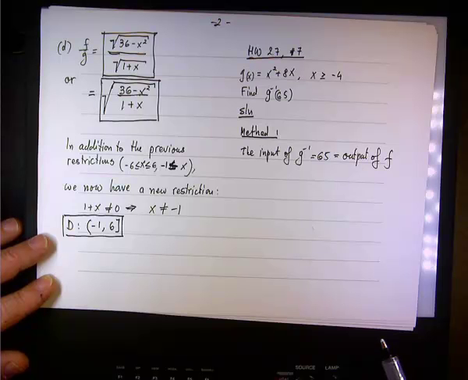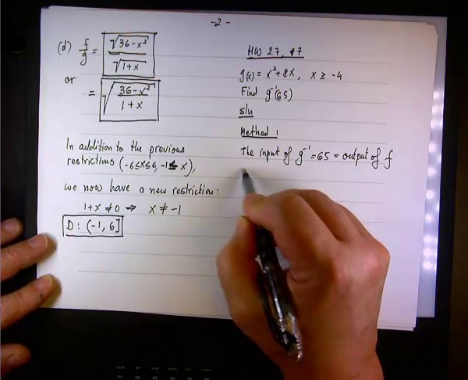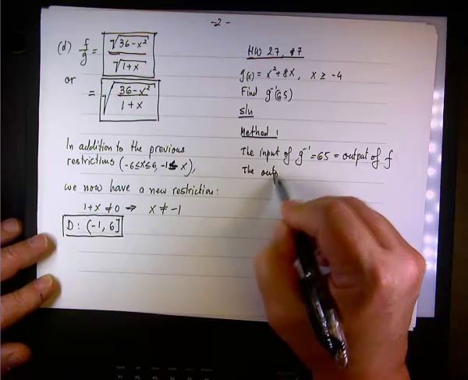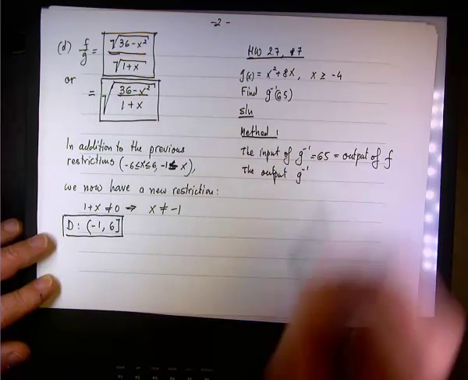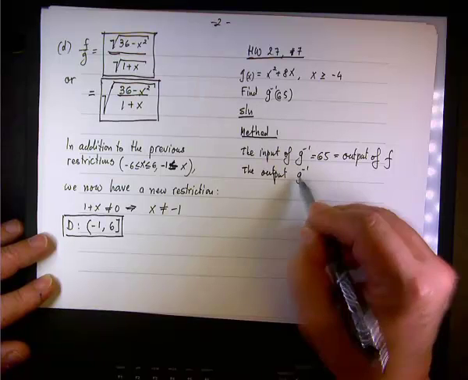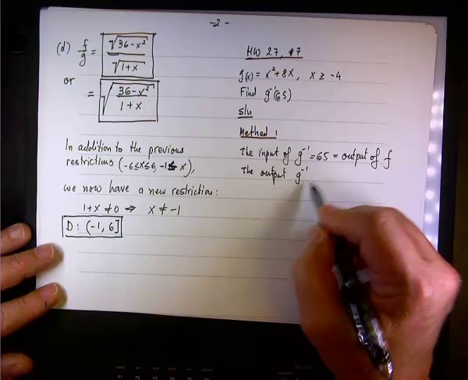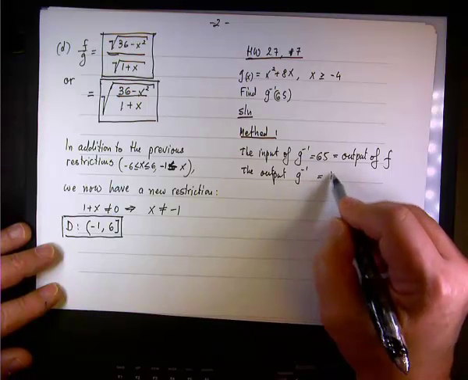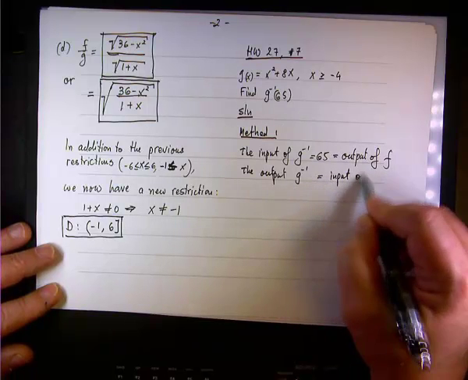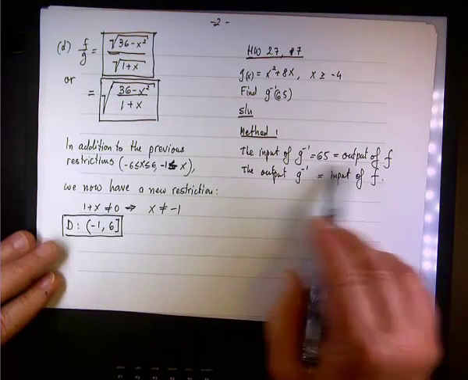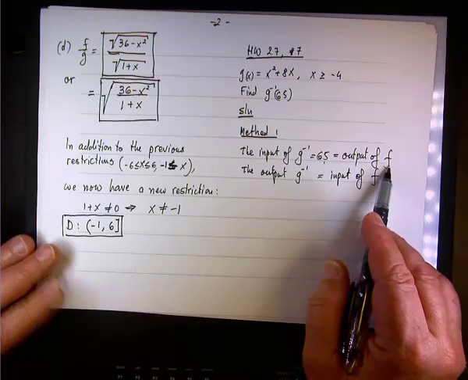And vice versa, the output of the inverse, which in this case is the inverse of 65, equals the input of f. So I'm looking at the output. I see that 65 is the output of f.